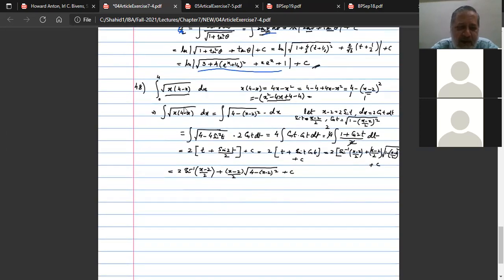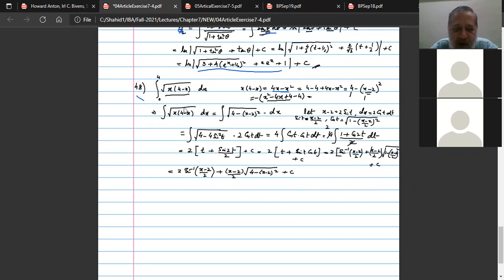One last example that I discussed, about this exercise 48, where we see this situation, x into 4 minus x, which is 4x minus x square. That motivates me to add and subtract 4, so that this 4 stays as it is, and from the rest I take minus common.